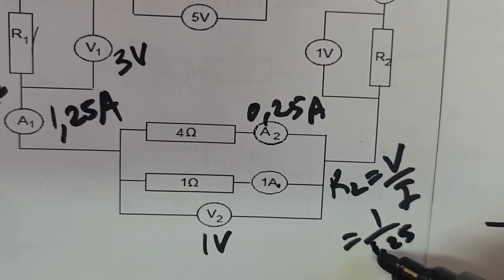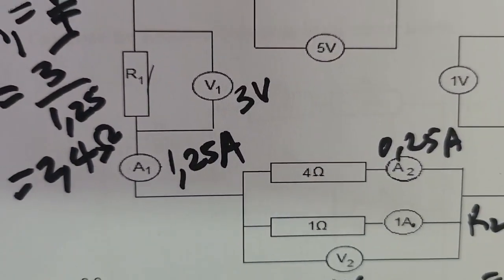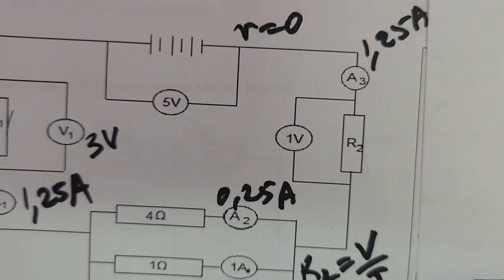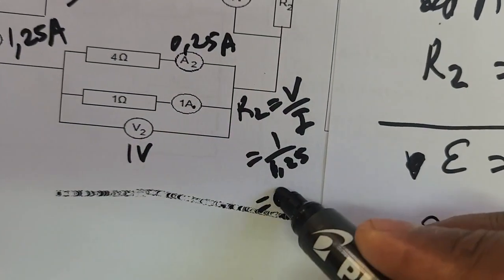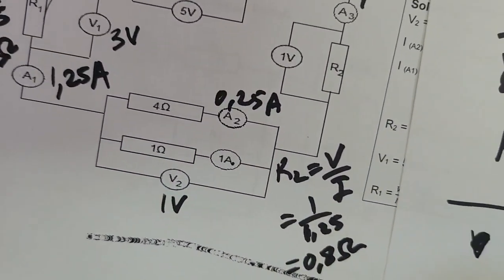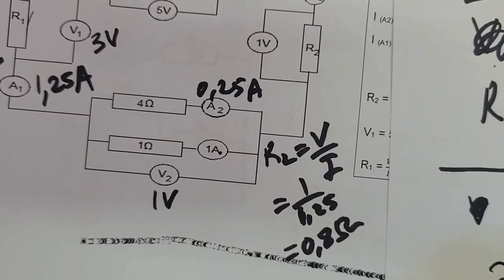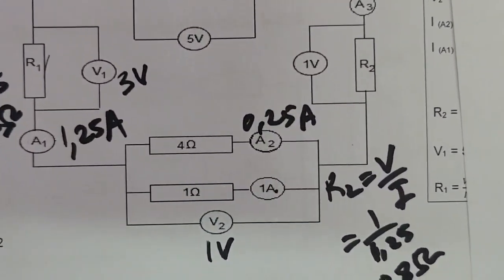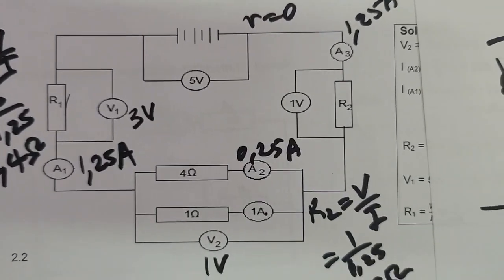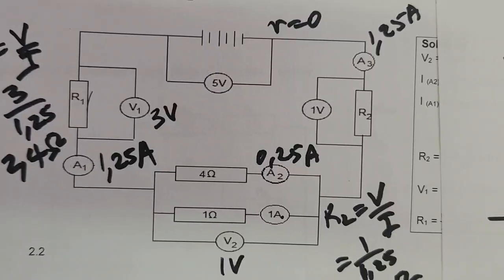So the answer here will give us 0.8 ohm. That is how you calculate if given this information and you trace current and resistance. Very important, and with the voltage as well.